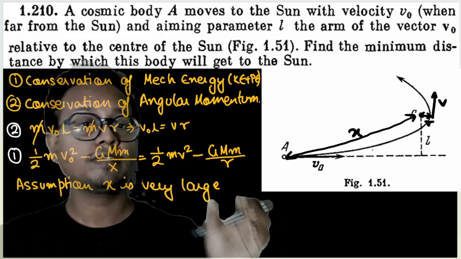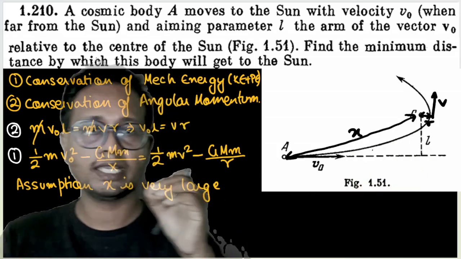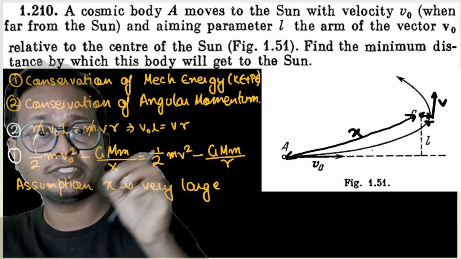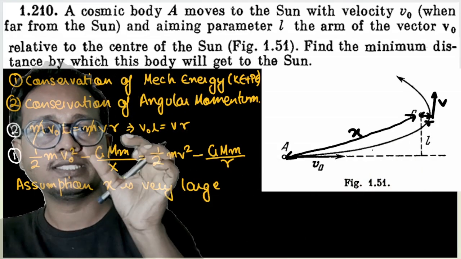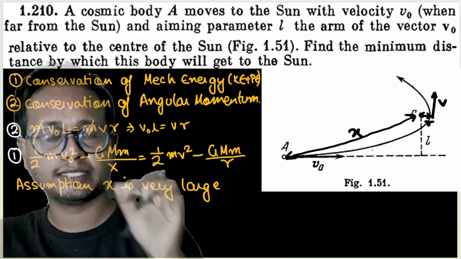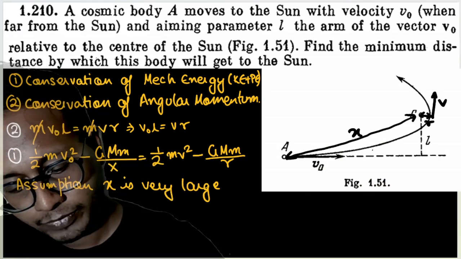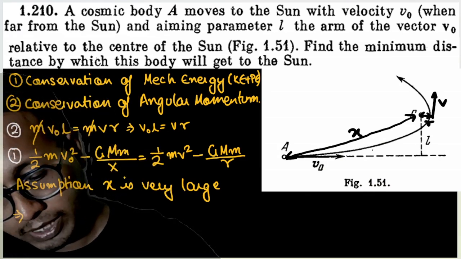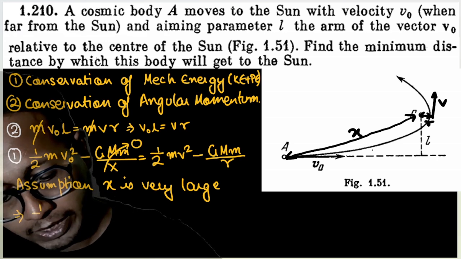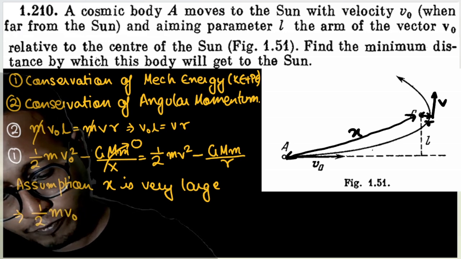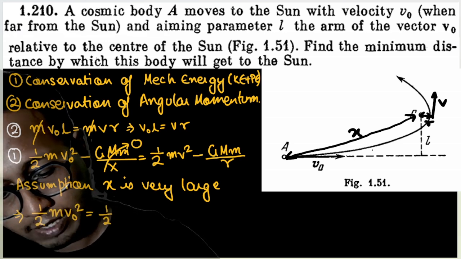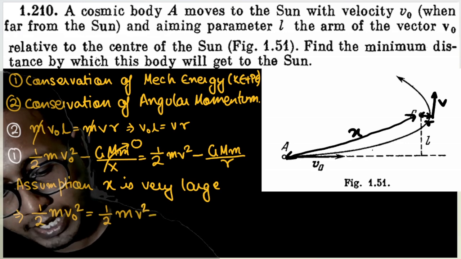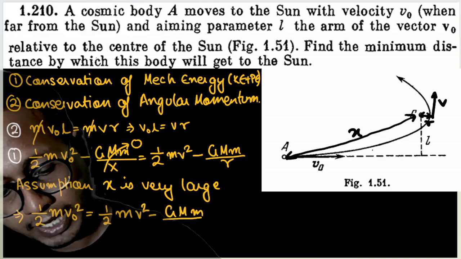If x tends to infinity, then this entire value GMm by x tends to 0, isn't it? So our equation would be half mv naught square is equal to half mv square minus GMm by r.